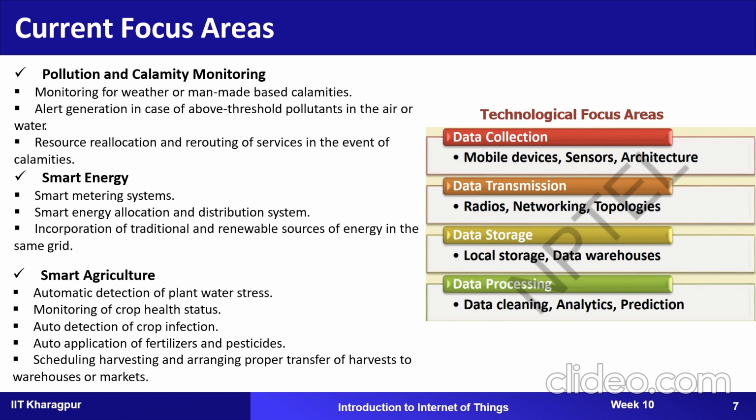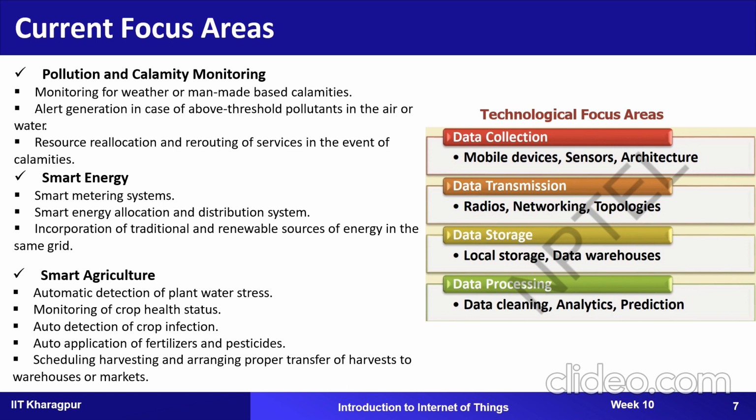All these things can be done with the help of smart agriculture. You can also automatically apply fertilizers or water at regular intervals. Basically for that you have to deploy different kinds of sensors in your agriculture field.